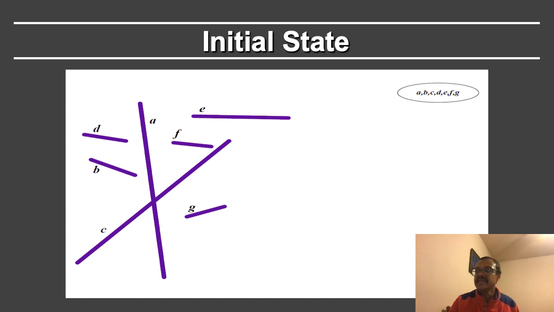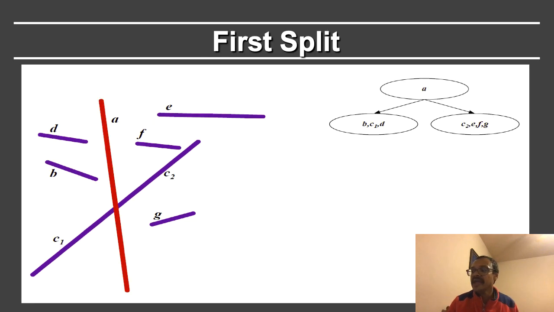Here is the initial state of the BSP tree. You can see that I have 7 objects, A, B, C, D, E, F, G. What I'm now going to do is choose an object A at which to split my BSP tree. And I split it into the left and the right components.